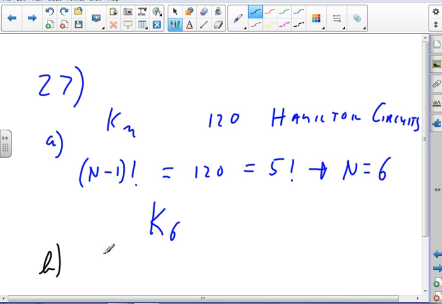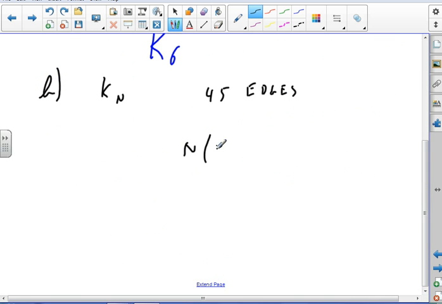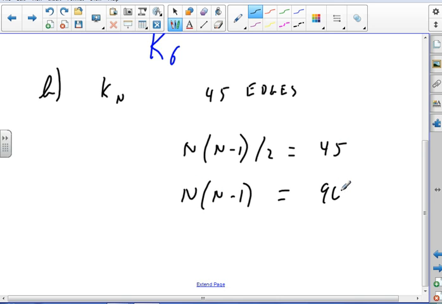Okay, Kn, and I have 45 edges. So n times n minus 1 divided by 2 is 45. So n times n minus 1 is equal to 90.